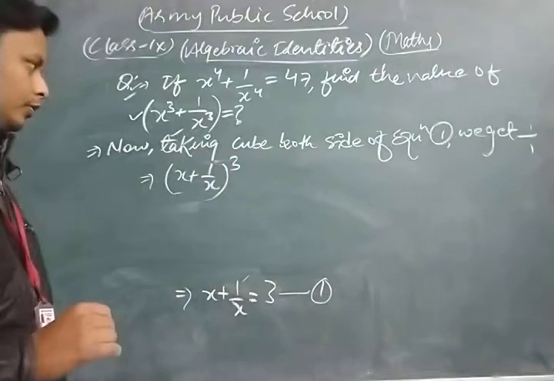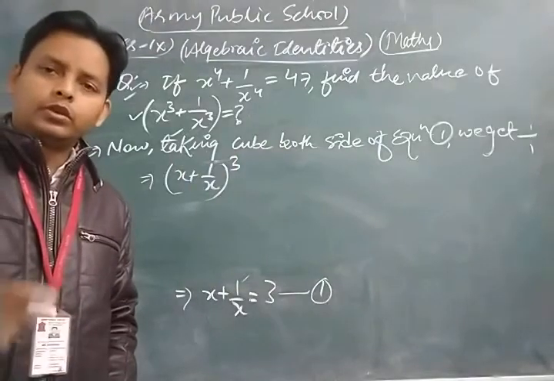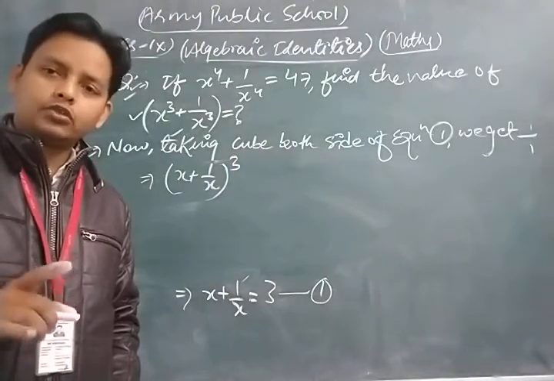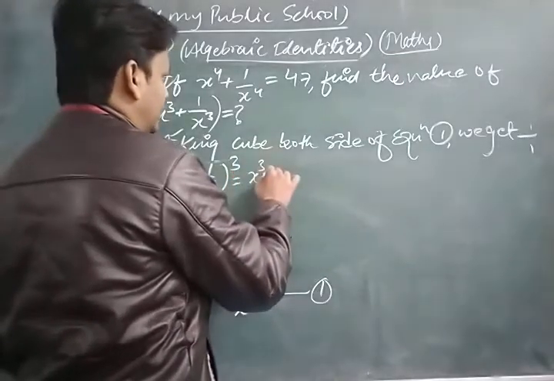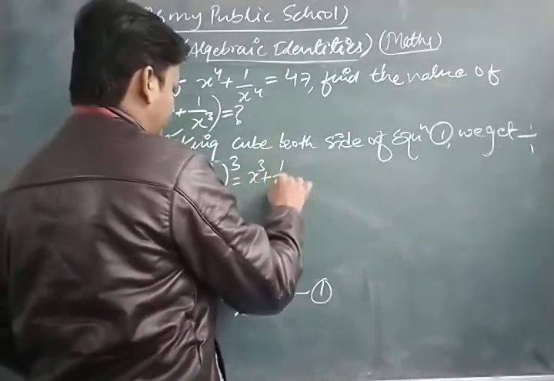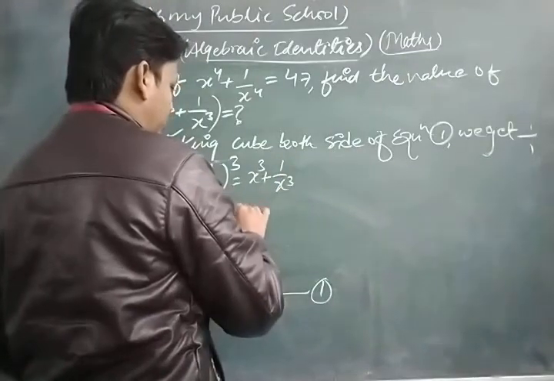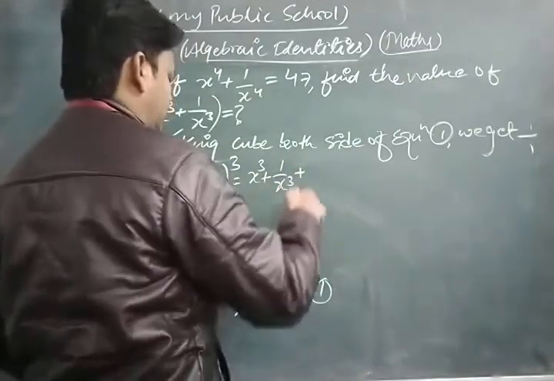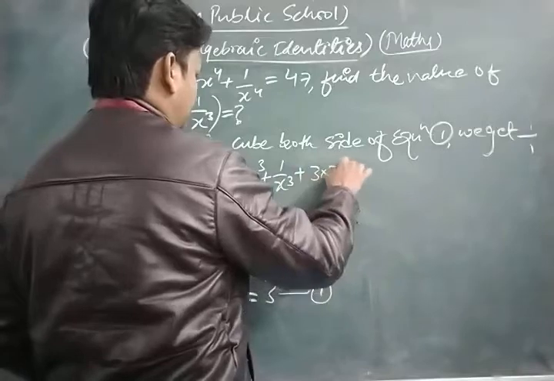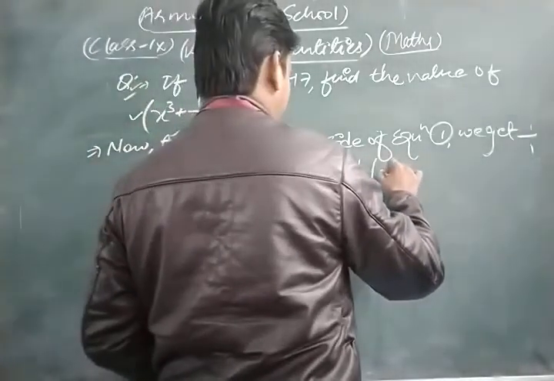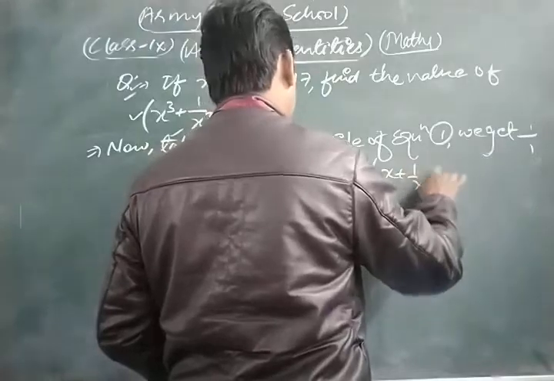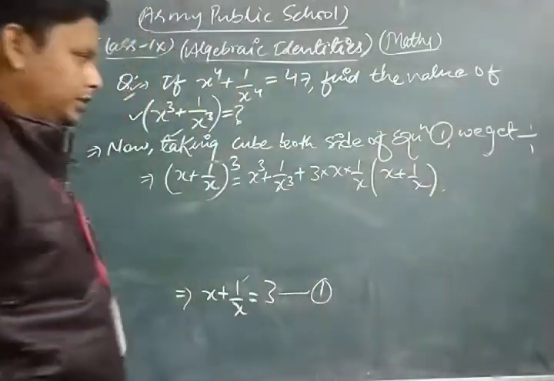whole cube. Okay, so a plus b whole cube means what? a cube plus b cube. Now we apply the identity. Look, a cube plus b cube plus 3ab in bracket a plus b.